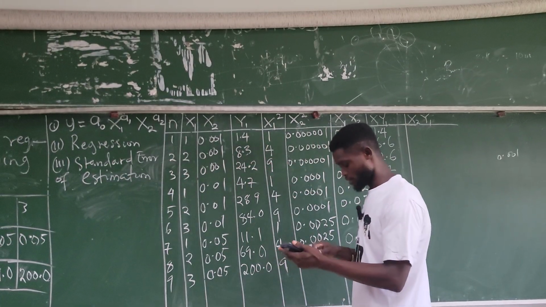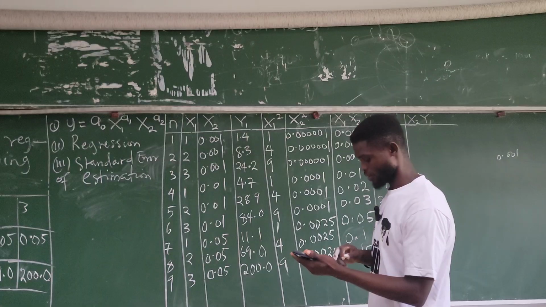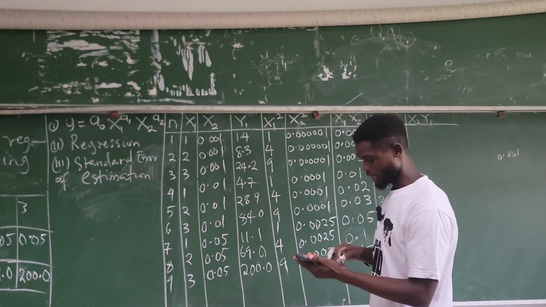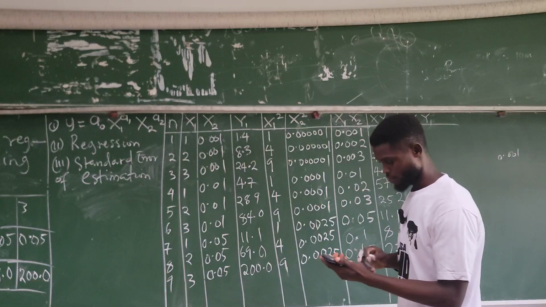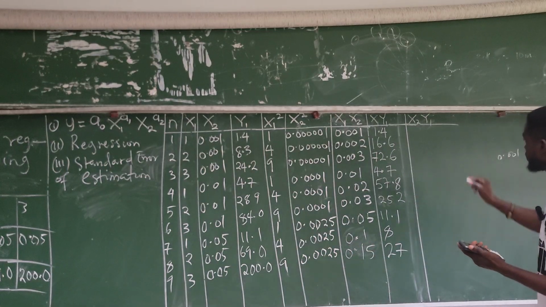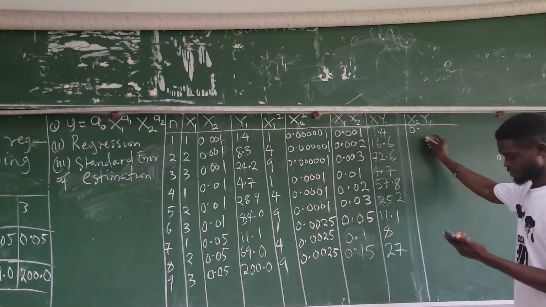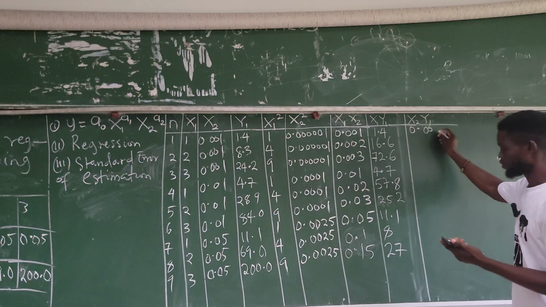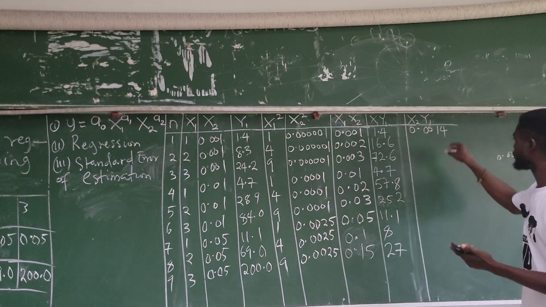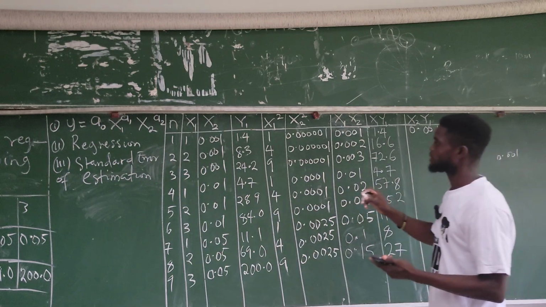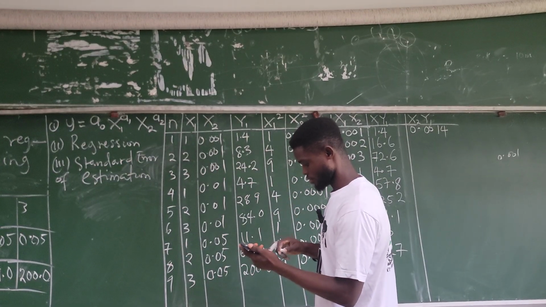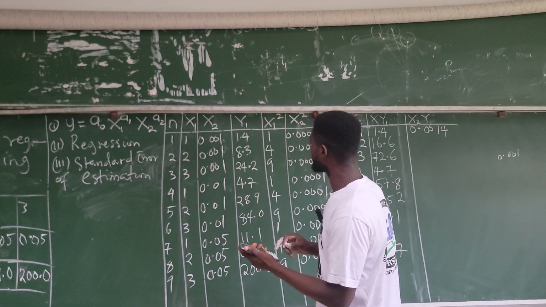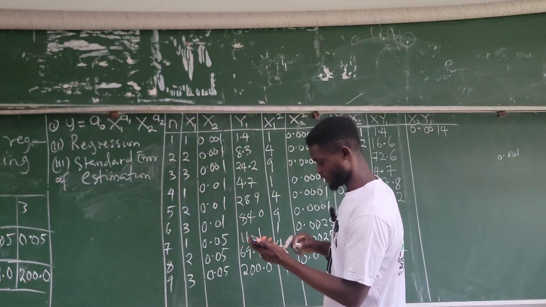So we have 0.001 times 1.4 will give us 0.0014. The same thing, we have 0.001 times 8.3.